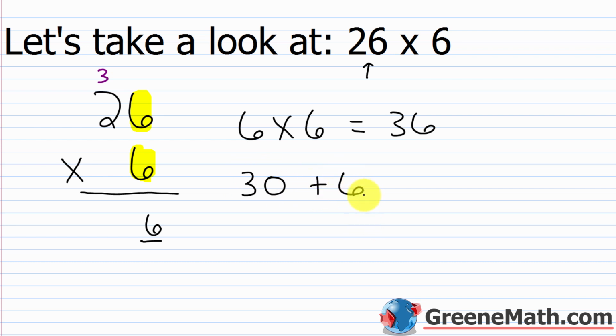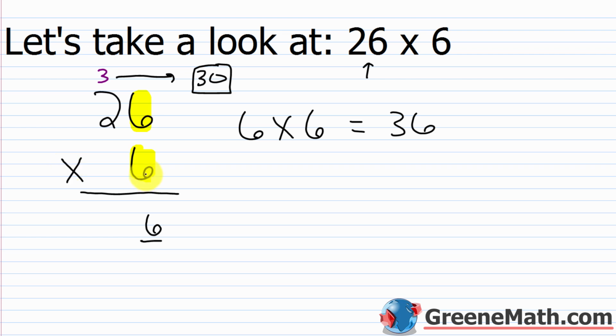So all I've done is said that we have 6 ones, and I take 3 tens and put it into the tens column. That's why that's a 3 there. Again, that's 3 tens. Now, it's important to understand that this is 30, because that 30 is going to be added to the result of the next multiplication that we do. It's not going to be multiplied. We will simply add it on to the answer that we get.